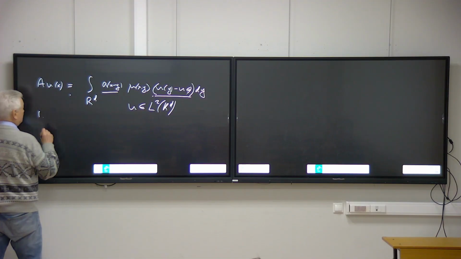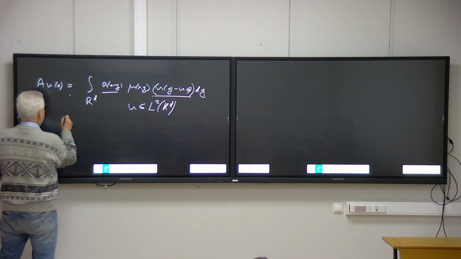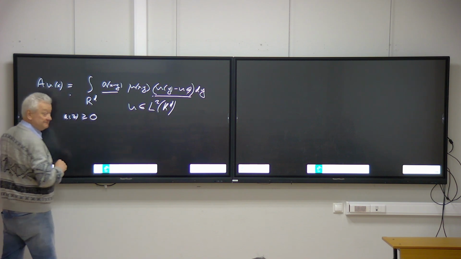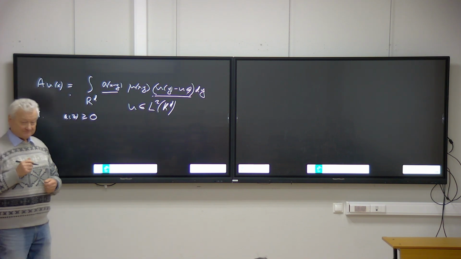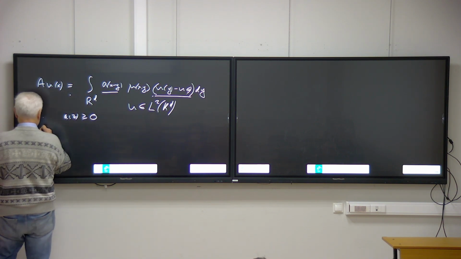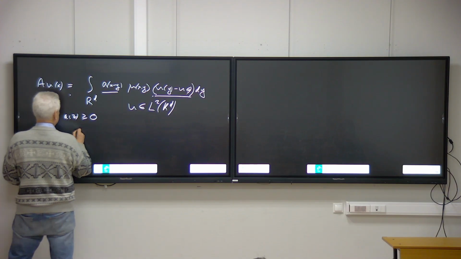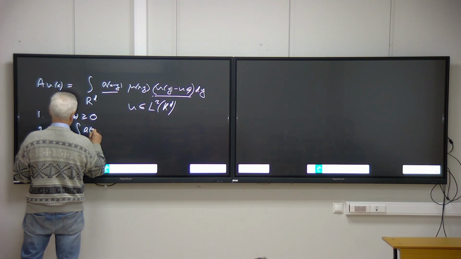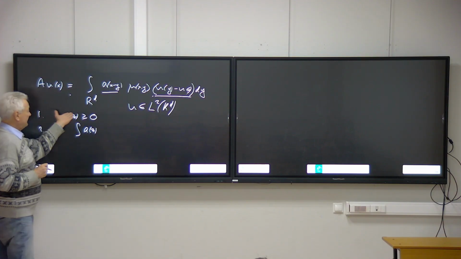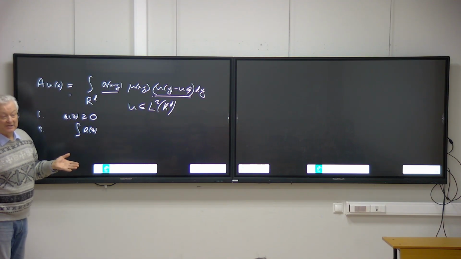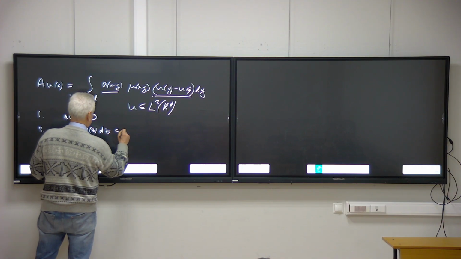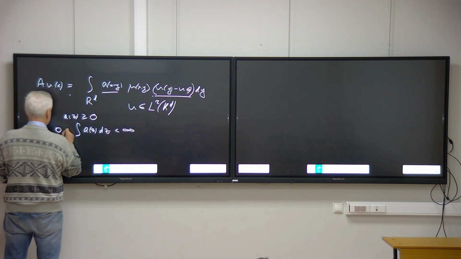First condition is on a: a(z) is non-negative. Second condition: a is integrable, which is equivalent under this condition to saying that it's an L1 function, with the integral of a(z) dz less than infinity and greater than 0.